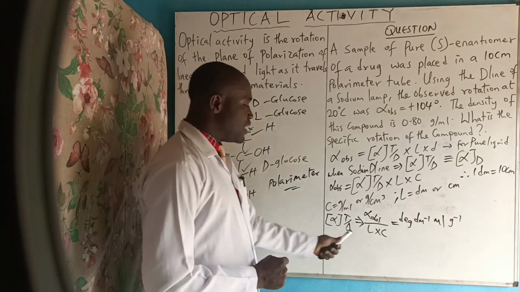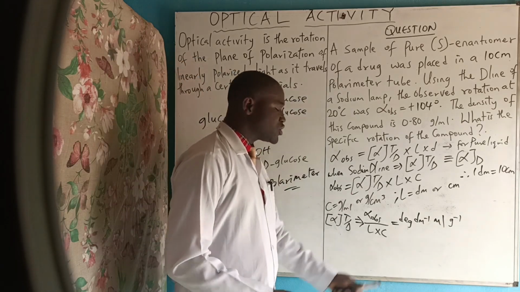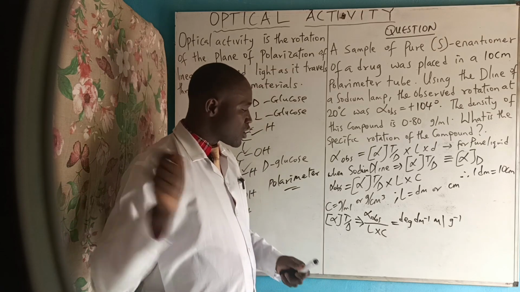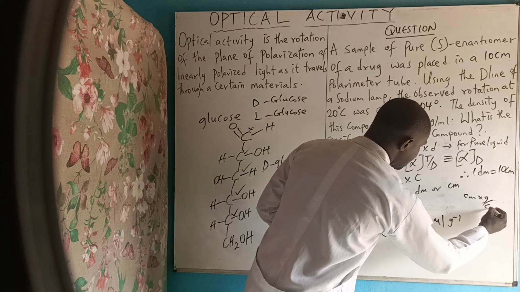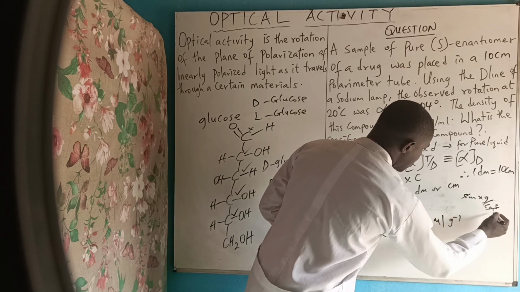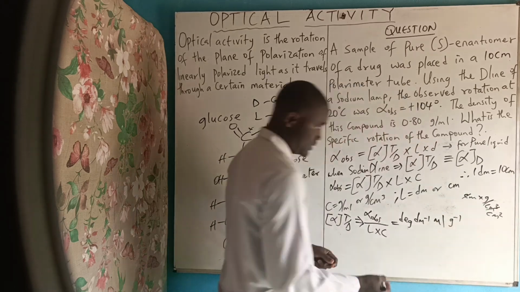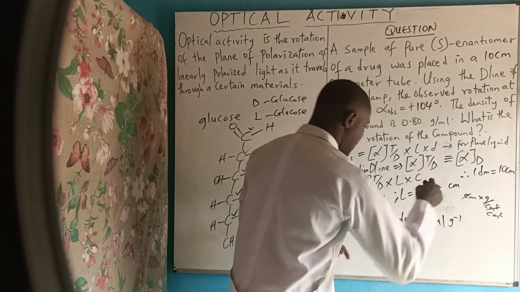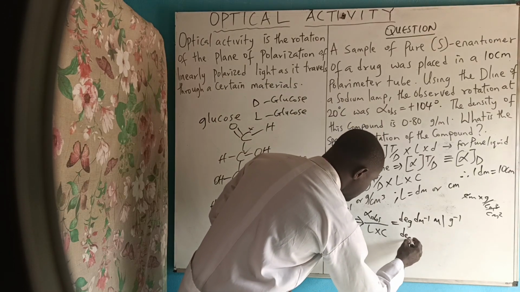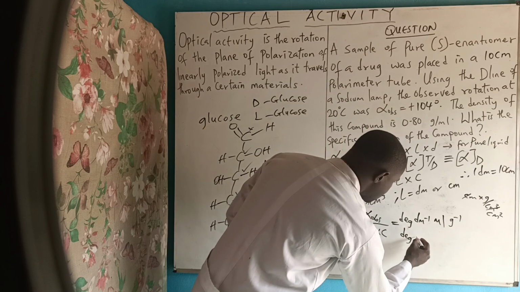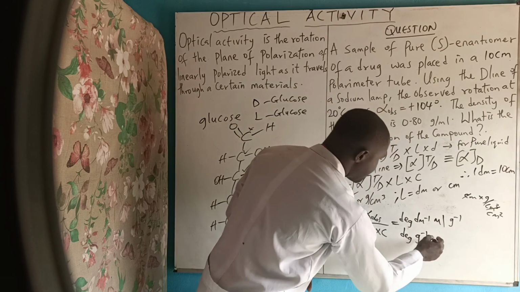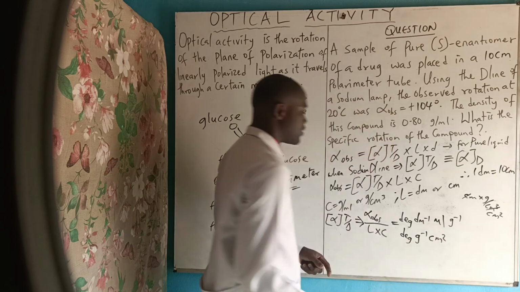Or if the length is in centimeter and the concentration is in gram per centimeter cube, centimeter times gram per centimeter cube, this will cancel, making it centimeter square. And so you will have degree per gram, then centimeter square.